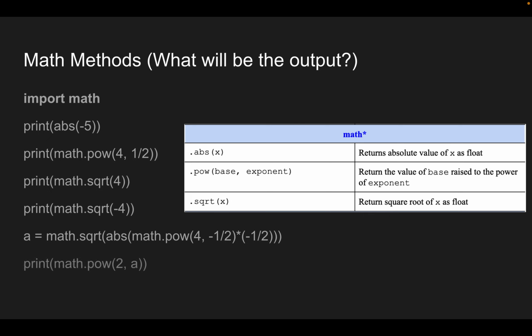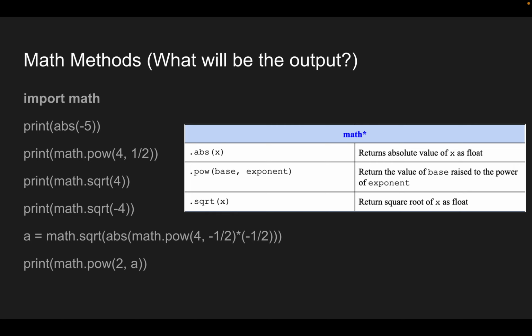All right. So this is a little bit more absurd example. And honestly, you should really just type it into a Python compiler. But for fun, we can try to do this. Just similar to evaluating a math expression, we look at the innermost parenthesis. So this is the innermost expression: math.pow of 4 comma negative 1/2.